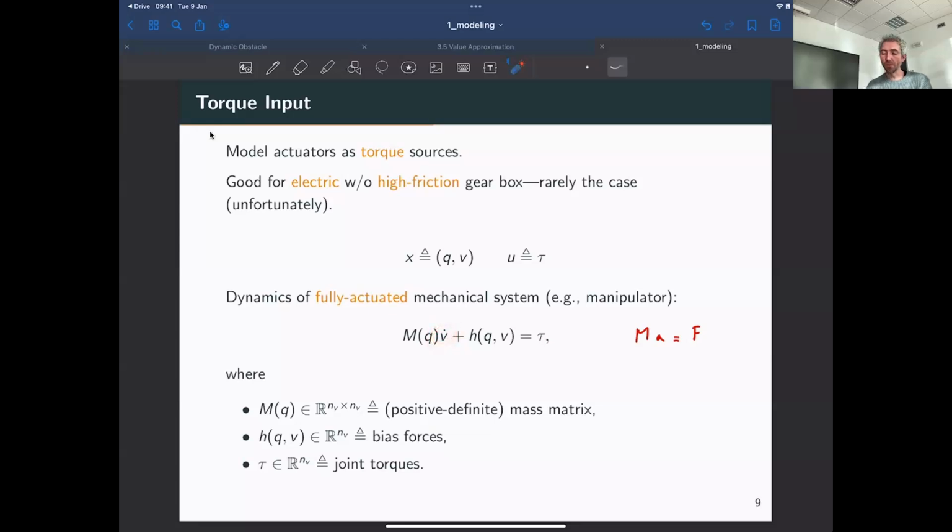If you know all the dynamical parameters of the robot, so you know the geometry, and you know each link of the robot, its weight, its center of mass, its inertia tensor, then there are software packages that allow you to compute all the terms in this expression. So you can compute M and you can compute H, because actually those are the only two terms that need to be computed.